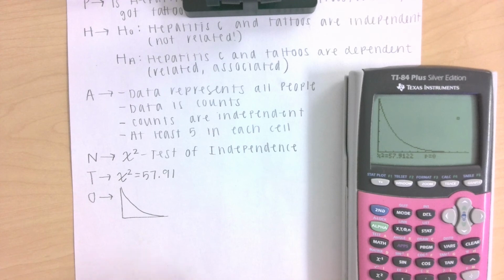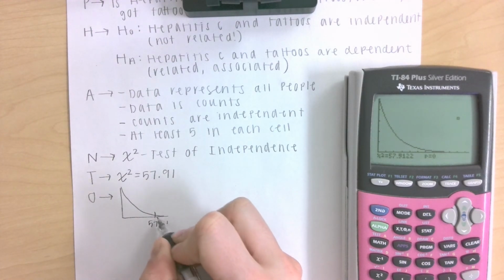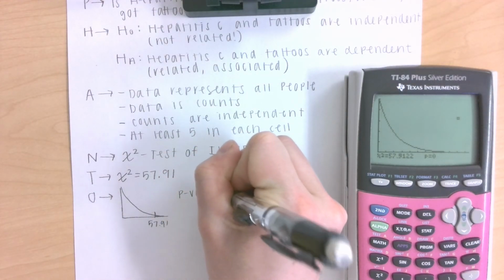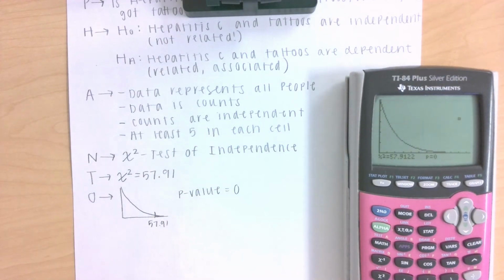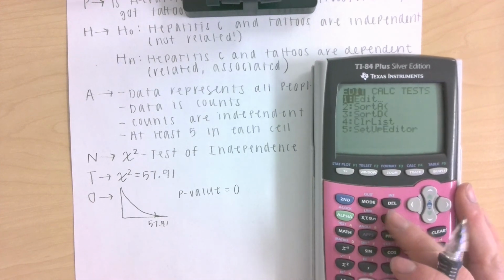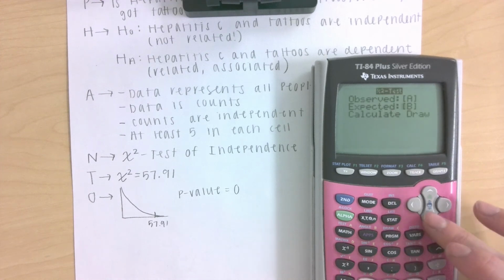Again, I don't see any shading there, but I'm going to add it in. And my calculator gave me the p-value of 0. Now, if you're like me, I don't like that. I'm like, 0? What do you mean? It can't be literally 0. So what I like to do is go back. If it's 0, I usually go back and just run that hypothesis test again in my calculator.